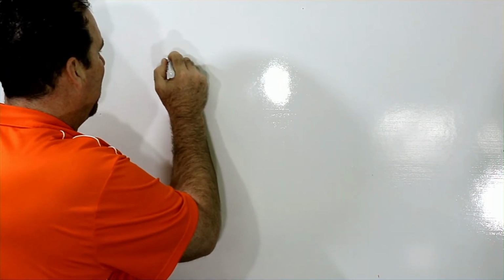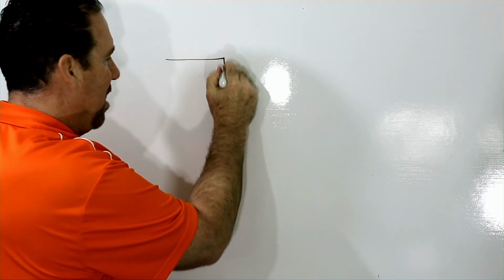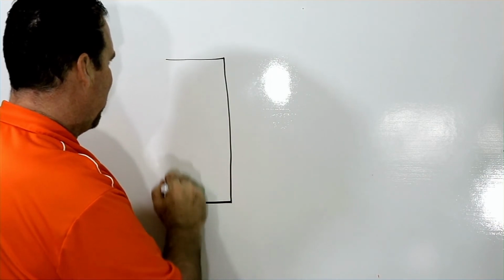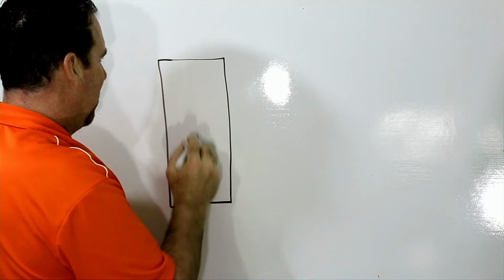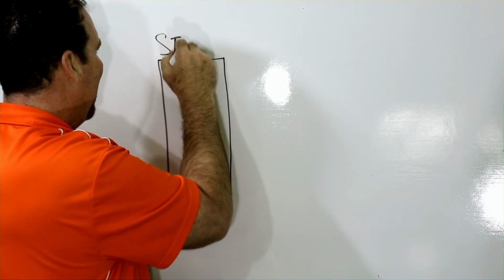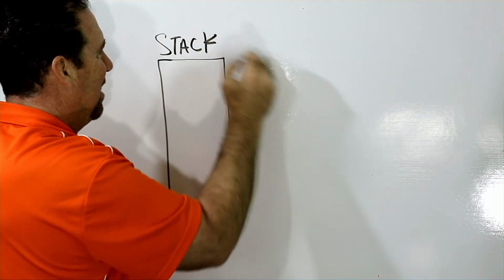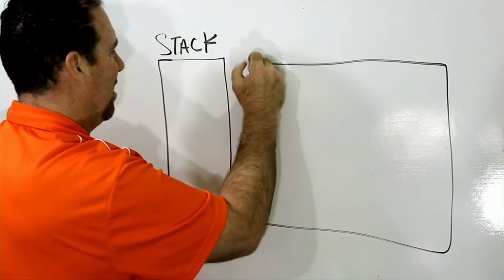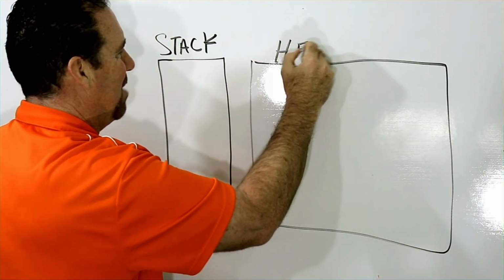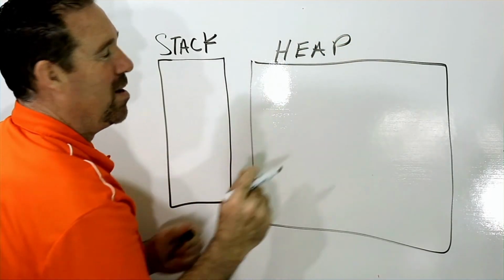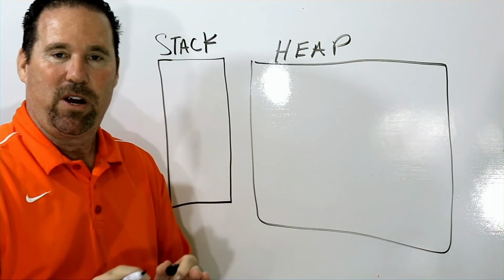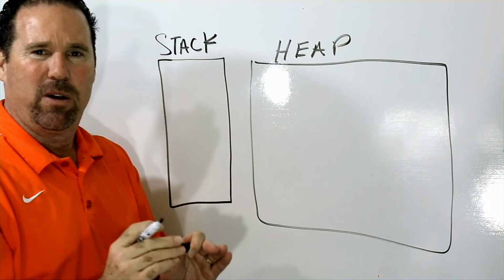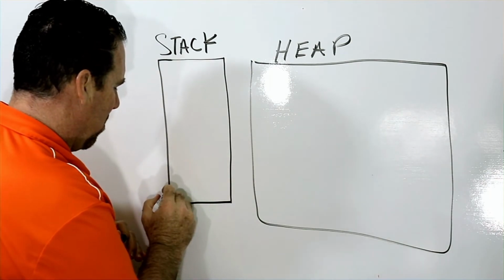Your computer has 2 memories. One's called a stack, and the other is called a heap. Now with regular variables, primitive variables, they're just stored over here.